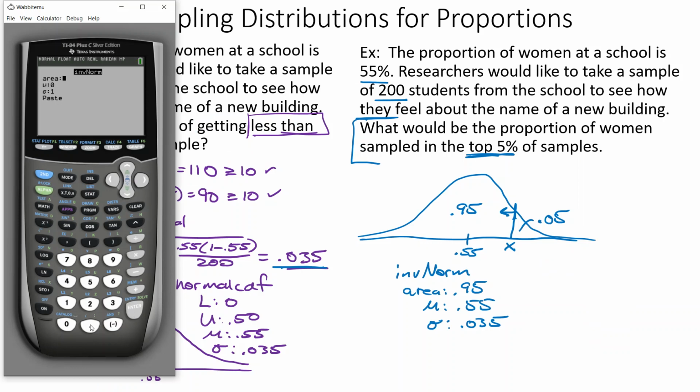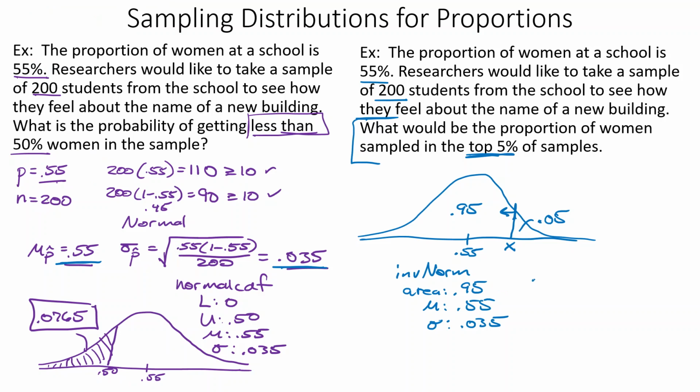So inverse norm, 95% below, so 0.95 for our area, 0.55 for our mean, and 0.035 for the standard deviation we calculated. And we get 0.6075. So that'd be 60.75%. All right, so the top 5% of samples will have 60.75% women or more than that.